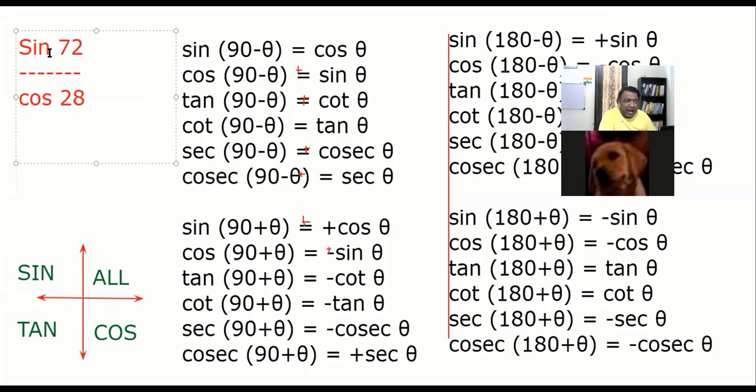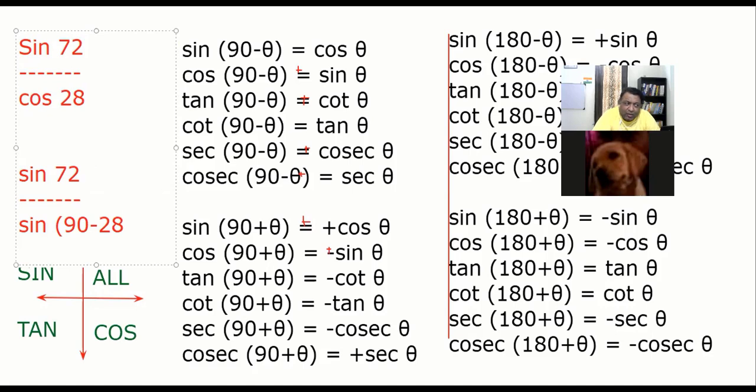So you either convert this into cos or into sine, your choice. We'll convert the denominator. Sine 72 as it is. Cos 28, you can write cos theta as sine of 90 minus theta. Sine 90 minus theta is cos theta, so sine 90 minus 28 is cos 28.